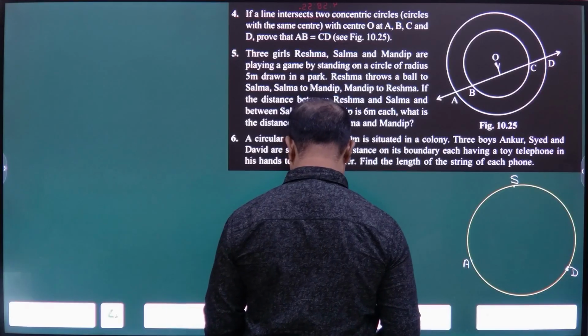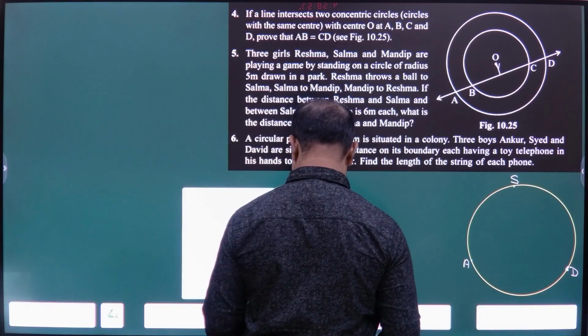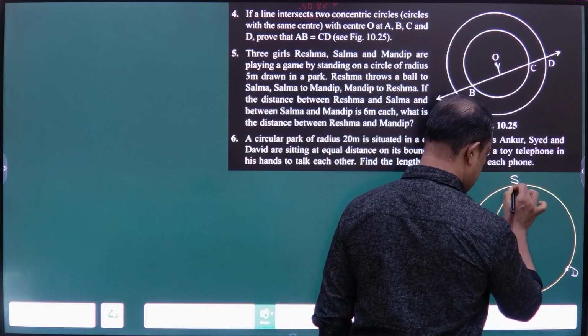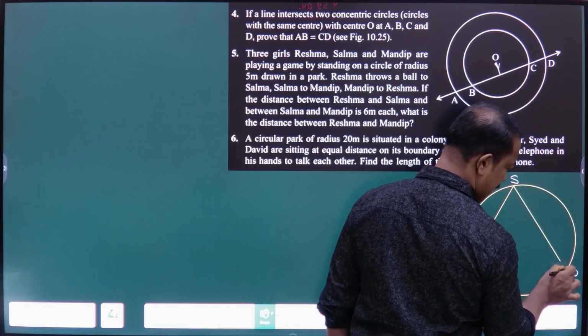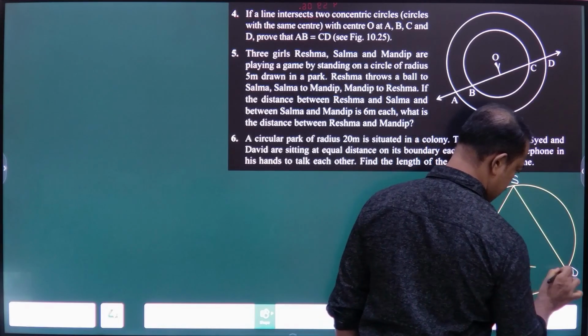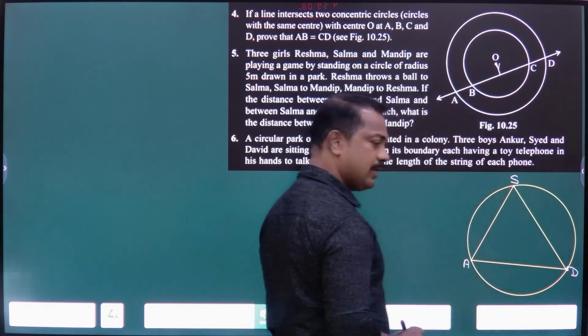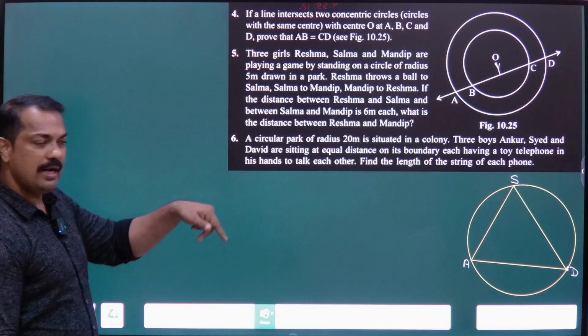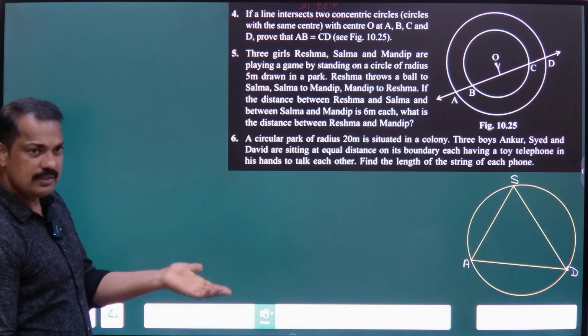The distances between Ankur and Said, Said and David, and Ankur and David are equal. So what type of triangle is it? All the sides are equal, so it is an equilateral triangle.